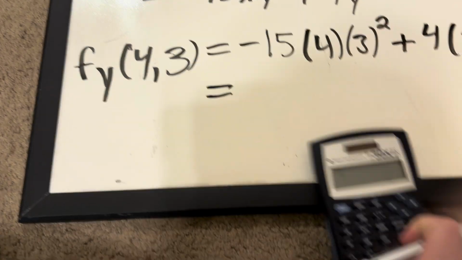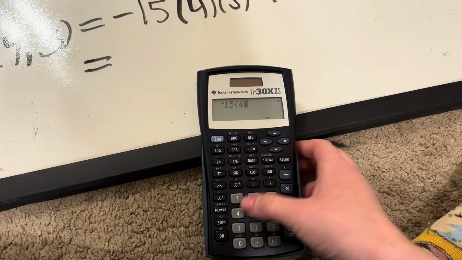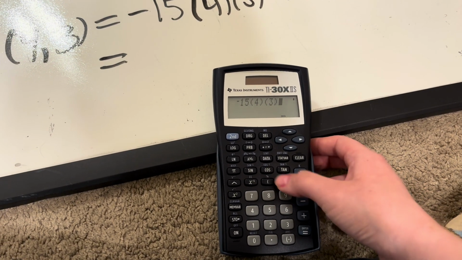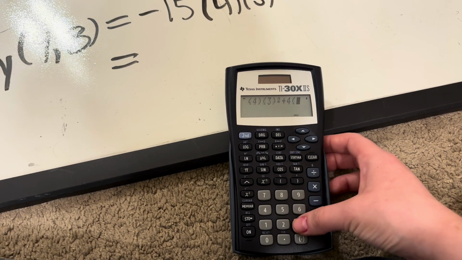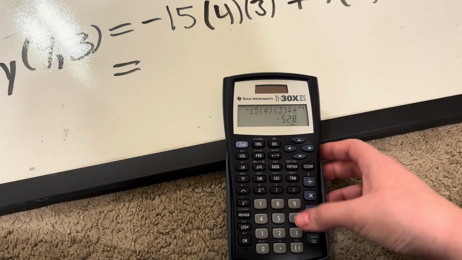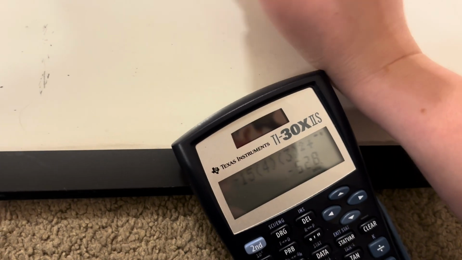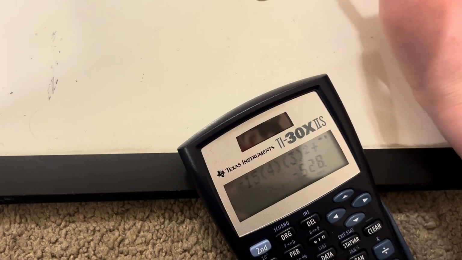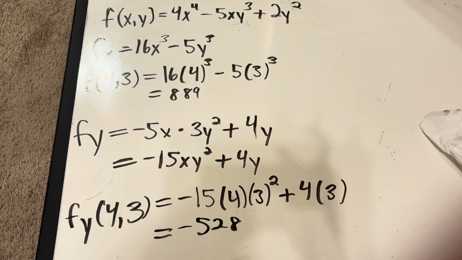And I will also be plugging it into my calculator once again. So it will be negative 15, 4, 3 squared plus 4, 3. That's going to leave us with negative 528. And that is our solution.